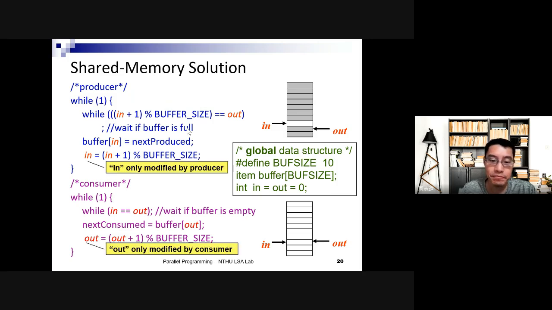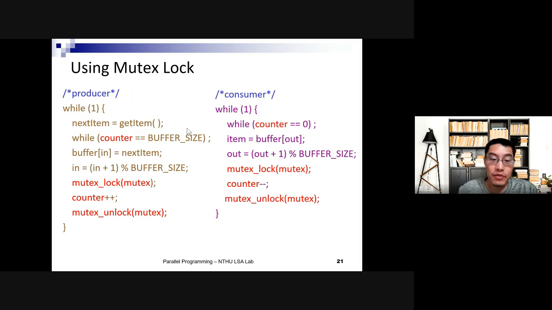But if we use lock, it will be much easier, because all we need to do is provide the critical section. If we use lock, then we can solve the problem with the concept of critical section. And the concept of critical section is quite simple and clear, right?